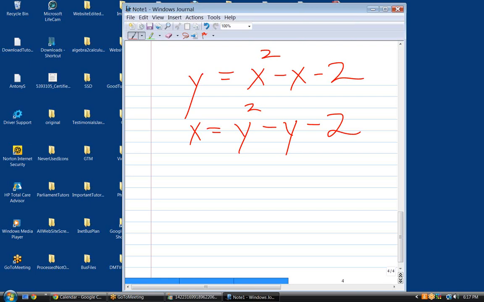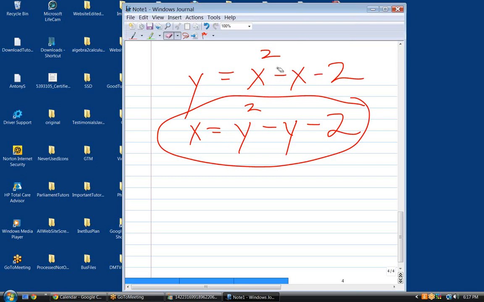You have to treat x like it's a constant. In other words, you see why this is tough to solve for y? Yeah. Can't do it. I don't know how to break it apart to isolate a y out. So all of the problems they give you that ask for inverse, they're not going to look like this.